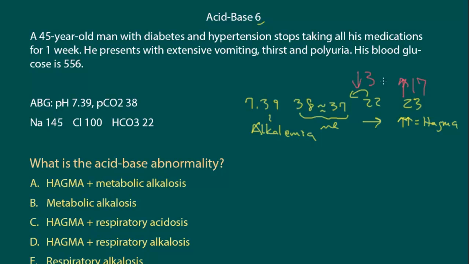So we have a HAGMA, definitely. We have a metabolic acidosis, definitely, by definition. But the bicarb is much higher than expected. So what's going on? We're having a metabolic alkalosis in addition to the HAGMA. So this patient has a HAGMA and a metabolic alkalosis.